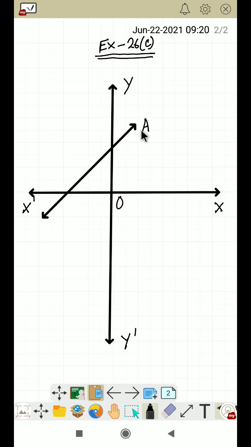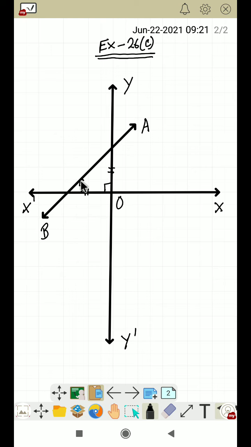Here this angle is given as 90 degrees, and these two sides are equal. The question asks, in each of the following, find the inclination of the line AB. That means you have to find the value of this theta, measured in the anti-clockwise direction.